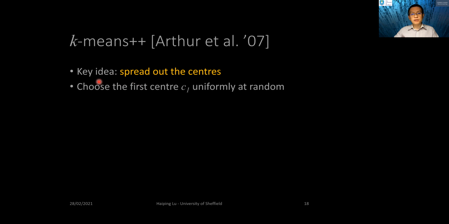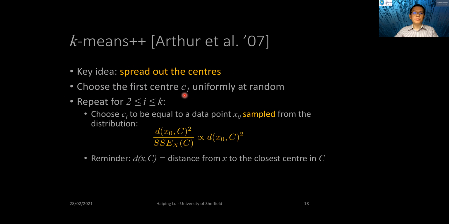How to do that? The procedure is: first we will choose the first center uniformly at random. So we will still pick the center randomly, but we only do this for the first center.